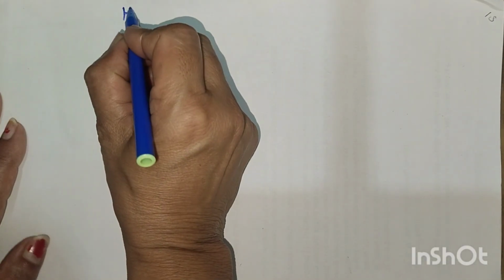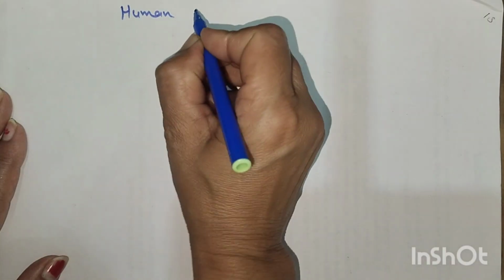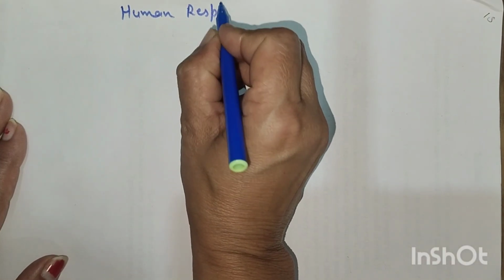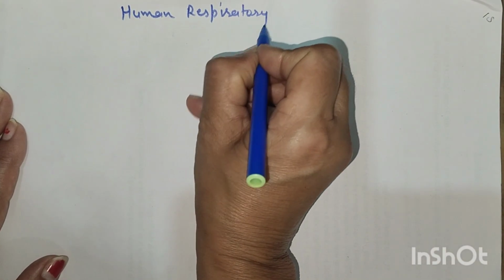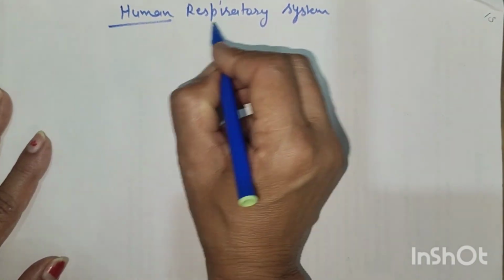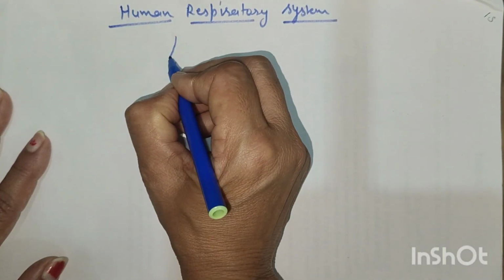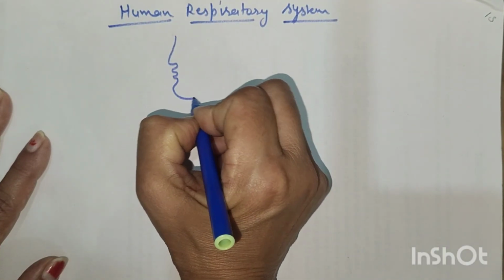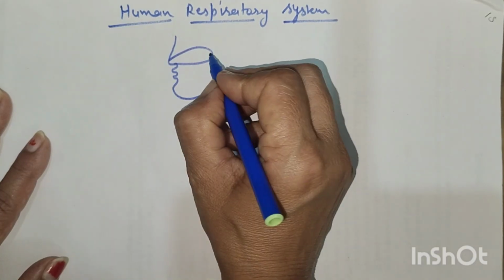We will now discuss the human respiratory system. It starts from the nose. This is the nasal cavity.